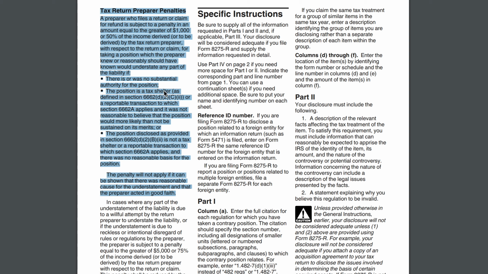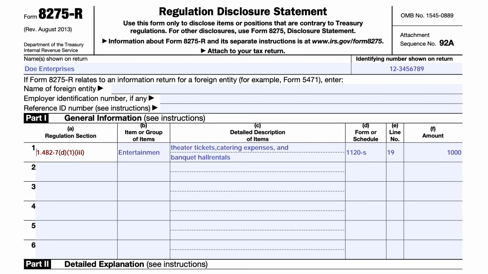The specific instructions are very clear on what you have to do to document the regulations section properly, so that you're not sending the IRS agent on a wild goose chase. They're not going to do that. They're simply going to disallow your position and basically slap you with the tax liability that you were trying to avoid in the first place.